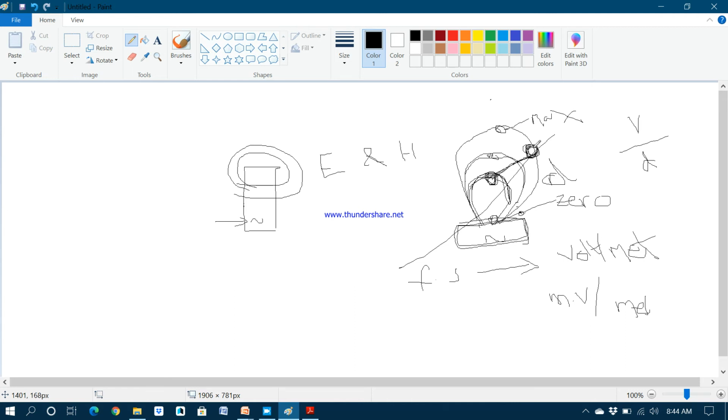So field strength gives some details about the energy radiated by the antenna in free space. So what is the unit of field strength? Millivolts per meter.